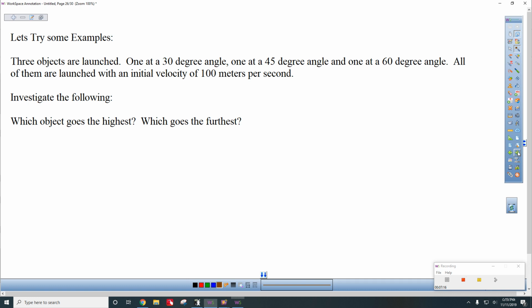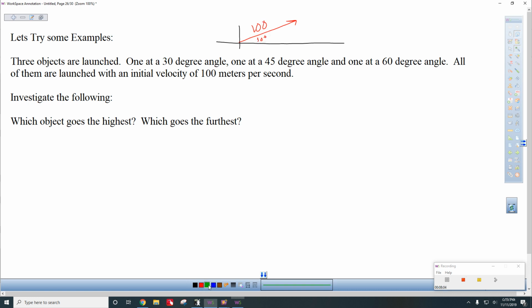Let's just look at example 1, the 30 degree example. So, we launched something at 100 miles per hour. Is that what it said? 100 meters per second, excuse me, at a 30 degree angle.